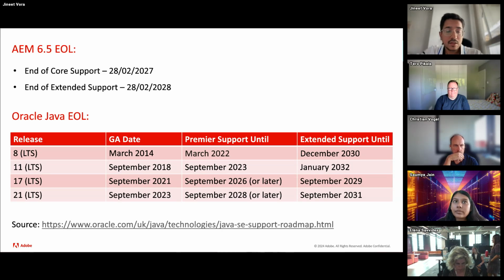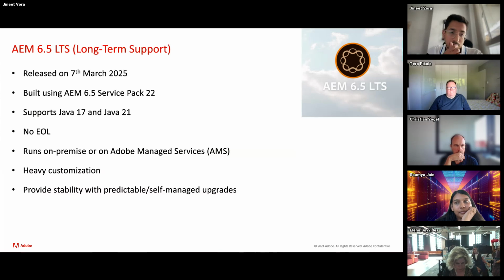As you can see in the table below, Java 8 and Java 11 Premier support has already ended, and it's currently in the extended support lifecycle. So if there are security updates or things like that, they're mainly rolled out on the newer versions, which are Java 17 and 21. That was basically the reason why Adobe launched AEM 6.5 long-term support.